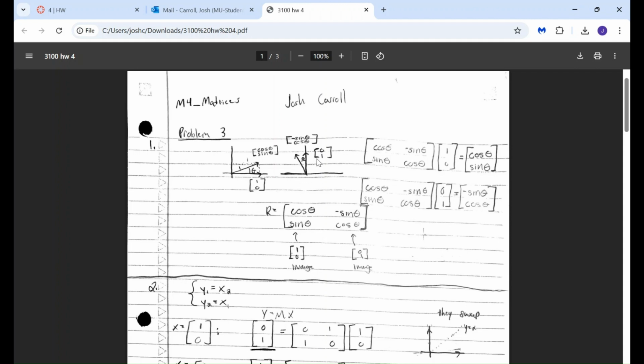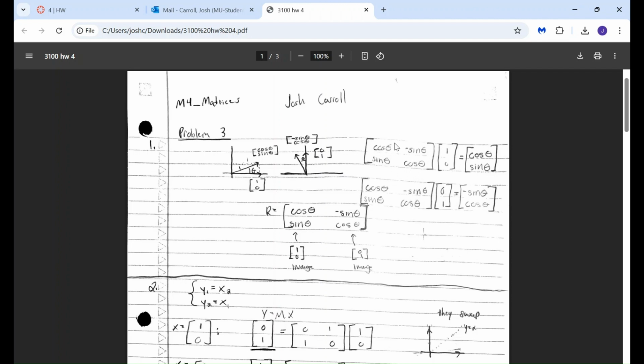We're also asked to draw the vectors and find the y's in the corresponding matrix. So the first one, we're asked to find a representation using these x's of theta. So we have our x's here, and we have our y's that we found.